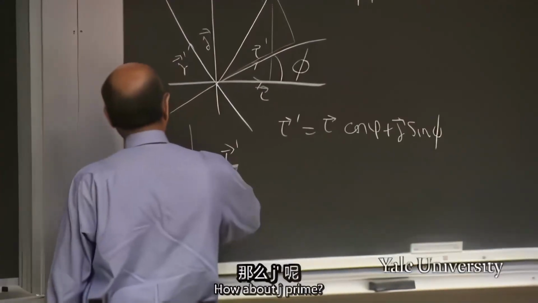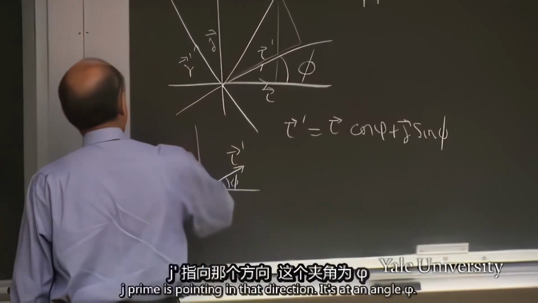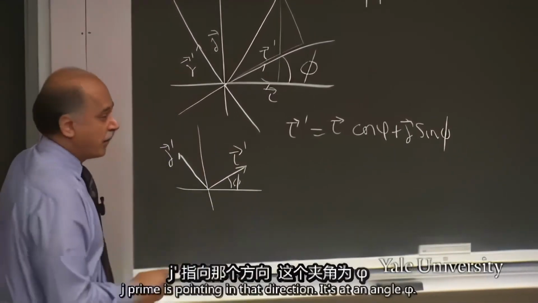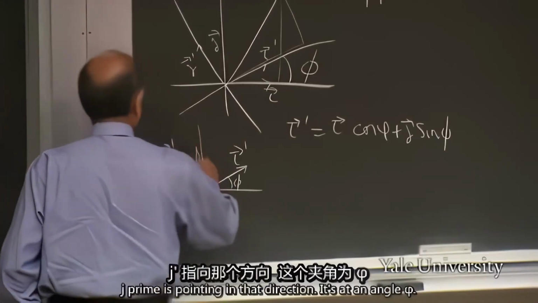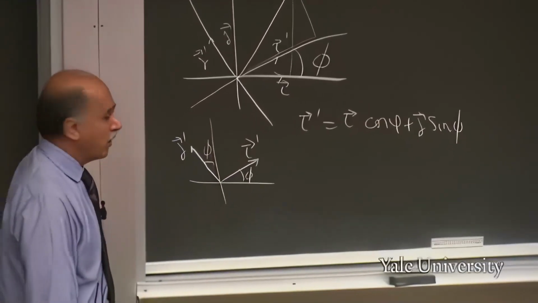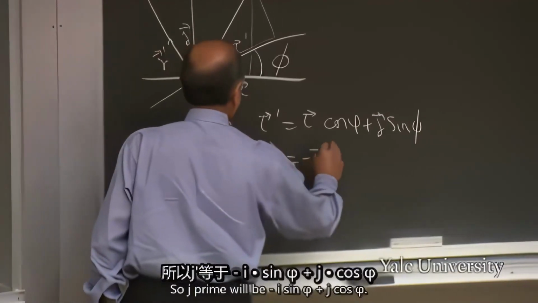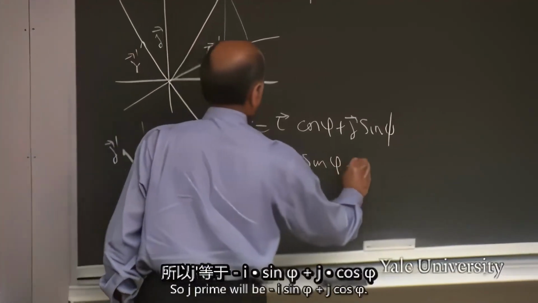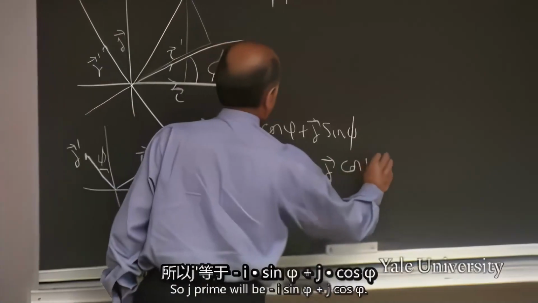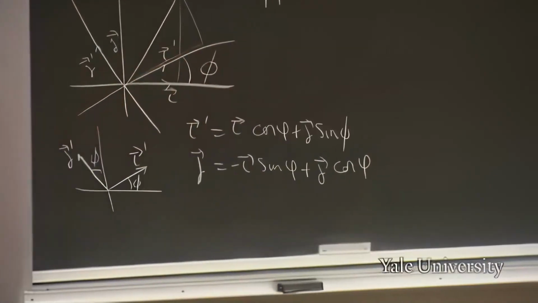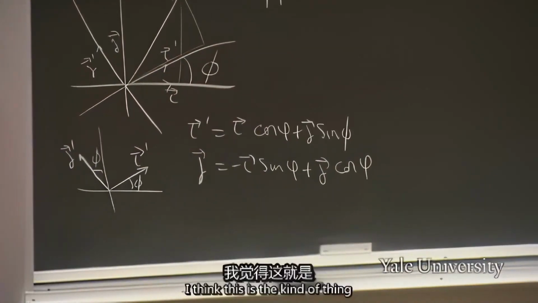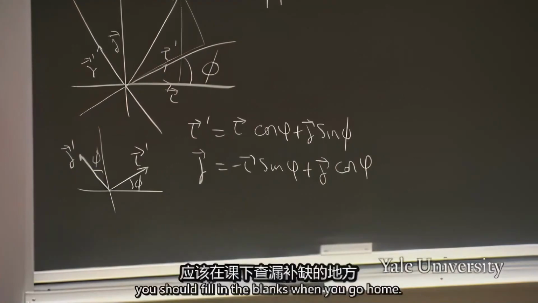How about j prime? j prime is pointing in that direction. It's at an angle phi. So j prime will be minus i sine phi plus j cosine phi. If it's not obvious, this is the kind of thing you should fill in the blanks when you go home.